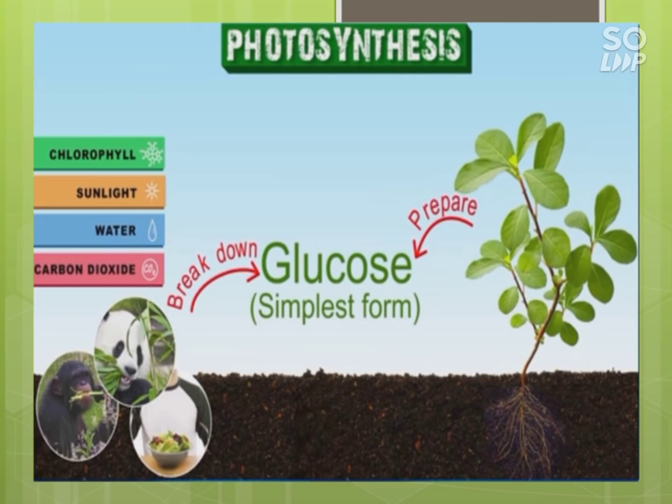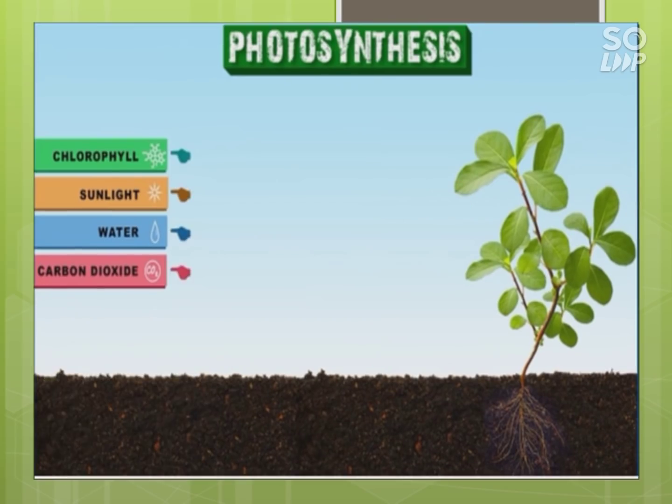So ultimately, food is utilized by all organisms only when it is present in the form of glucose in the body. So, coming back to the process of photosynthesis, we know that the materials required are chlorophyll, sunlight, water, and carbon dioxide.